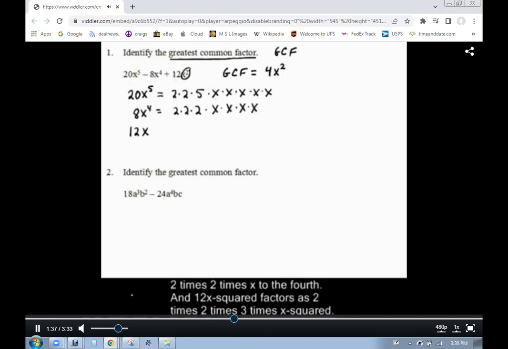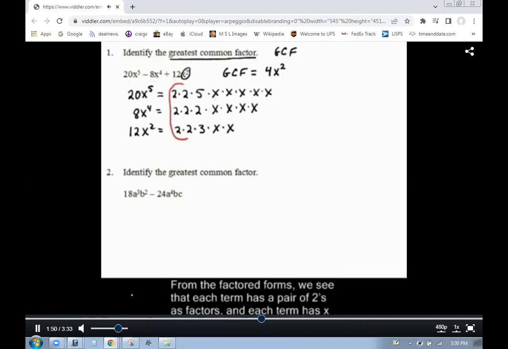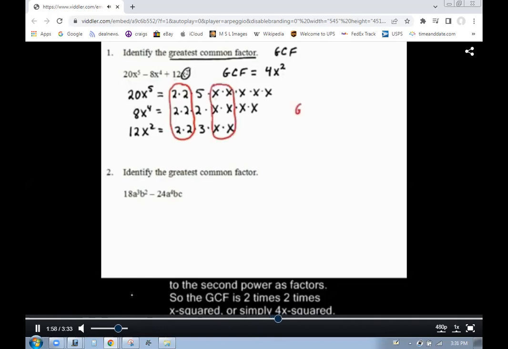And 12x squared factors as 2 times 2 times 3 times x squared. From the factored forms, we see that each term has a pair of 2's as factors, and each term has x to the second power as factors. So the GCF is 2 times 2 times x squared, or simply 4x squared.